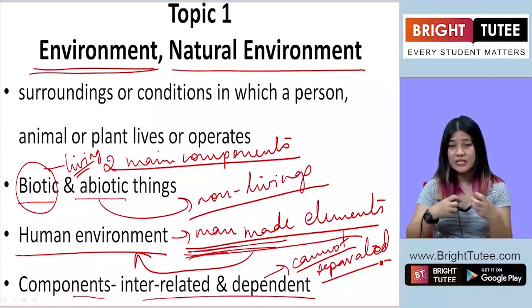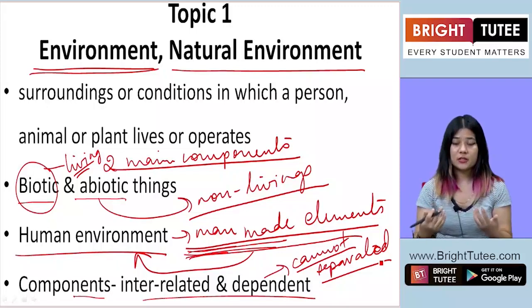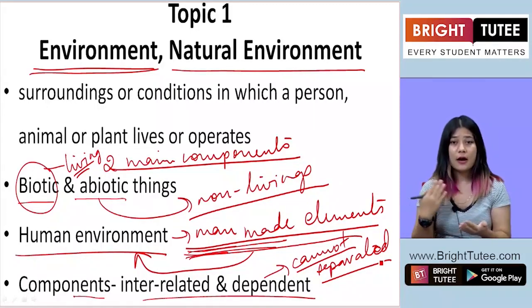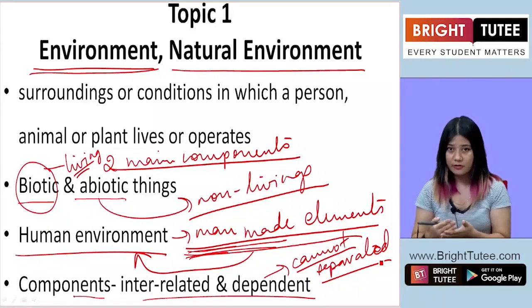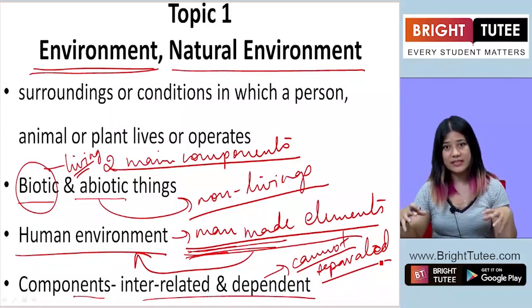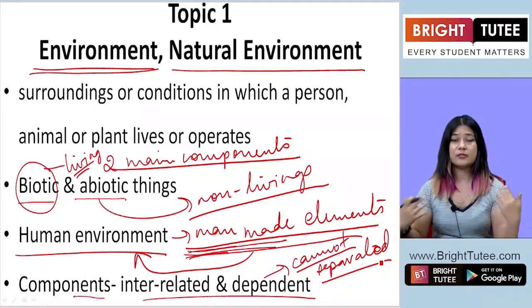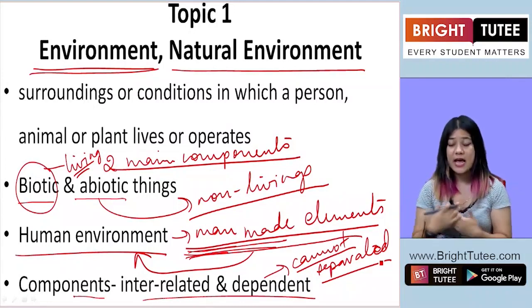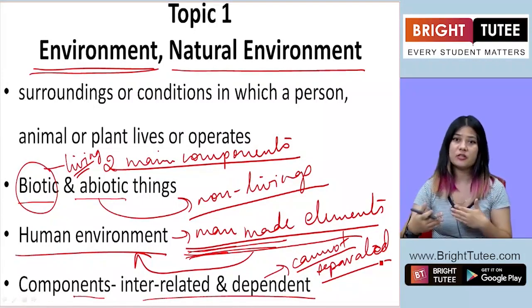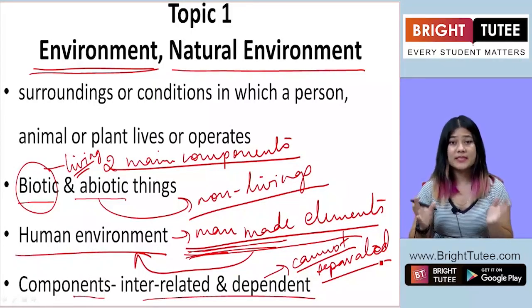Without each other being dependent, lives on earth cannot sustain, lives on earth cannot exist. So all animals, plants, living, non-living things like air, water, etc., are interrelated and dependent on each other for each other's sustenance, and hence cannot be separated.